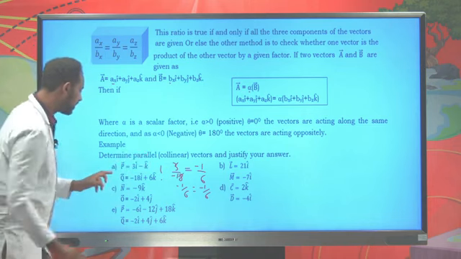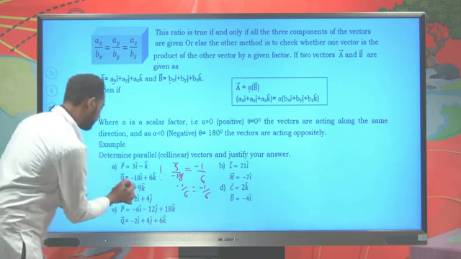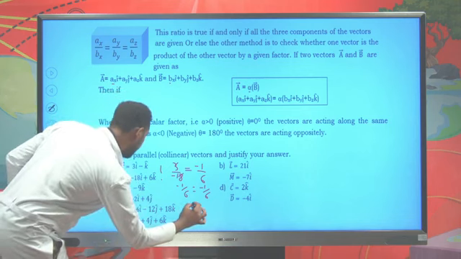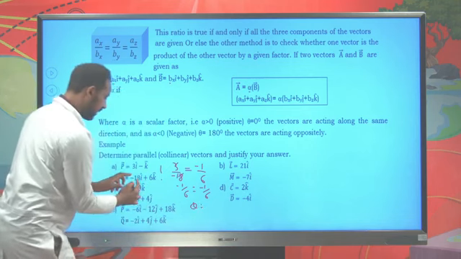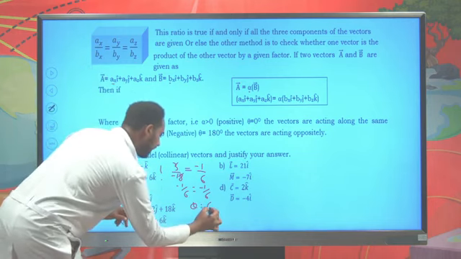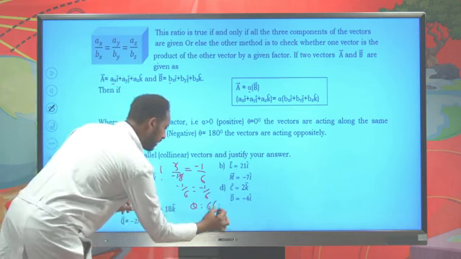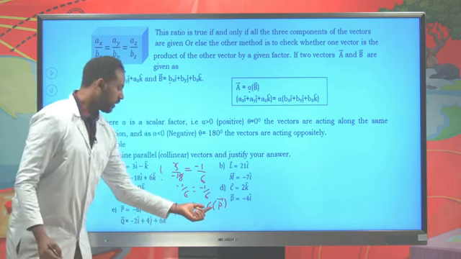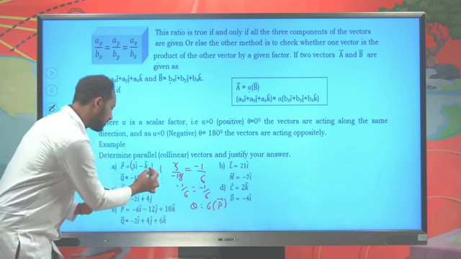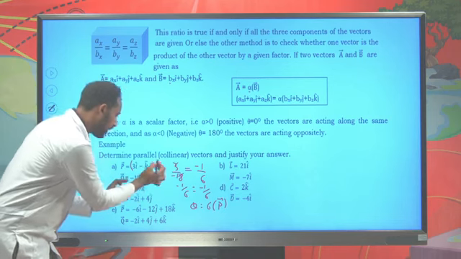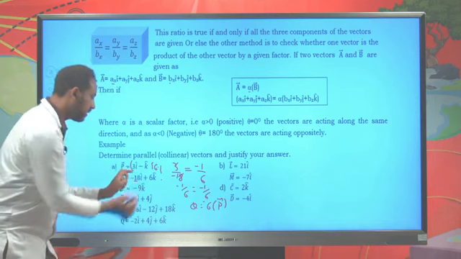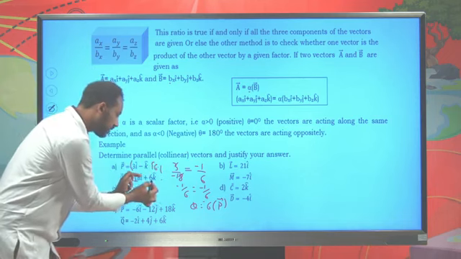Or it's possible to say that vector Q, which is minus 18 in the i plus 6 in the k, can be given as minus 6 times vector P. So when you multiply vector P by minus 6, minus 6 times 3 gives us minus 18, and minus 6 times minus 1 gives us positive 6.